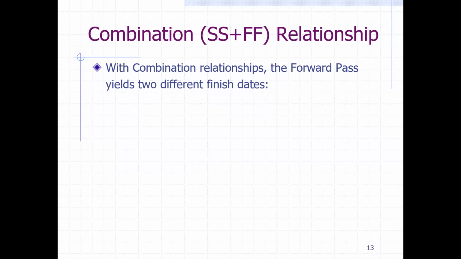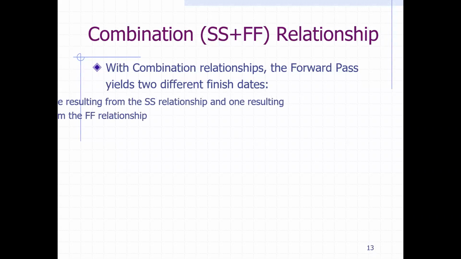But just the start to start plus the finish to finish relationship could be combined. And actually, this is a very powerful approach to utilize when you work on your CPM. Because of that, we'll focus on this for the rest of this chapter and understand how we can combine them in a forward pass and backward pass approach.